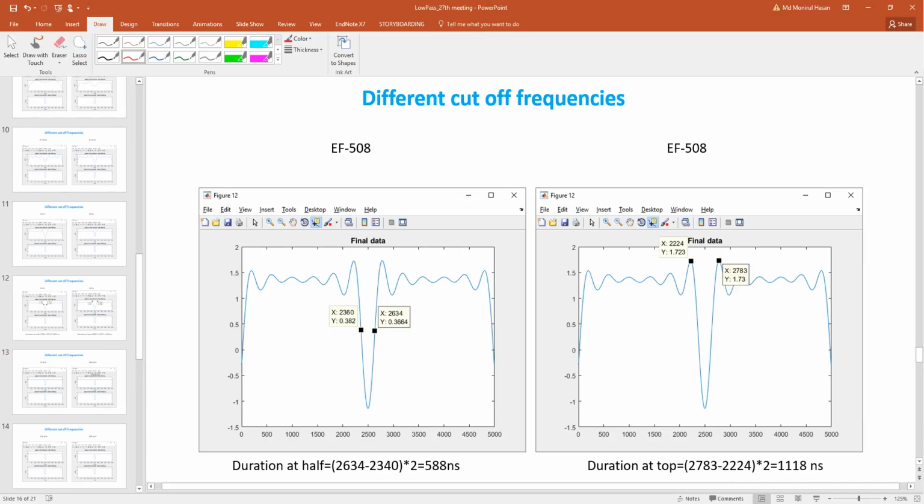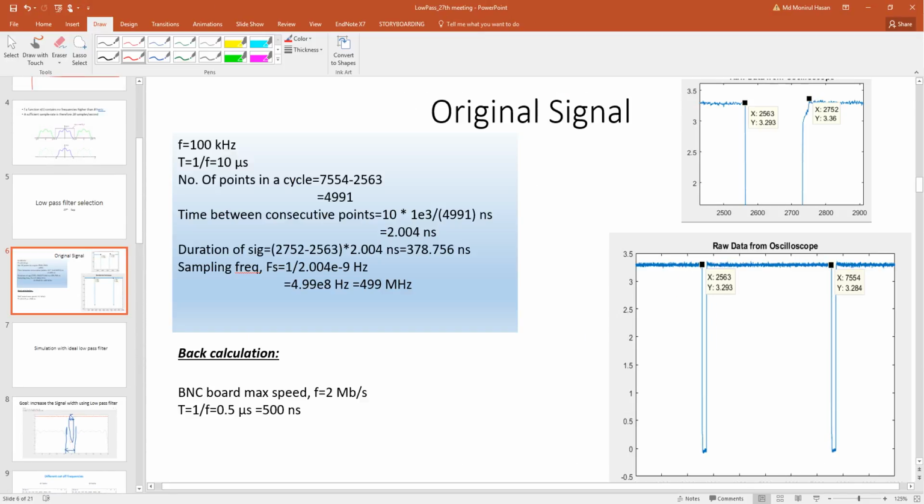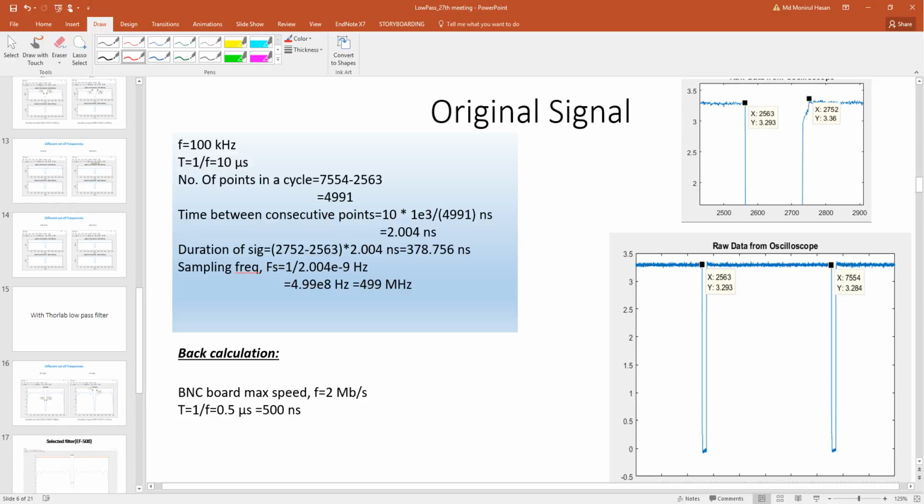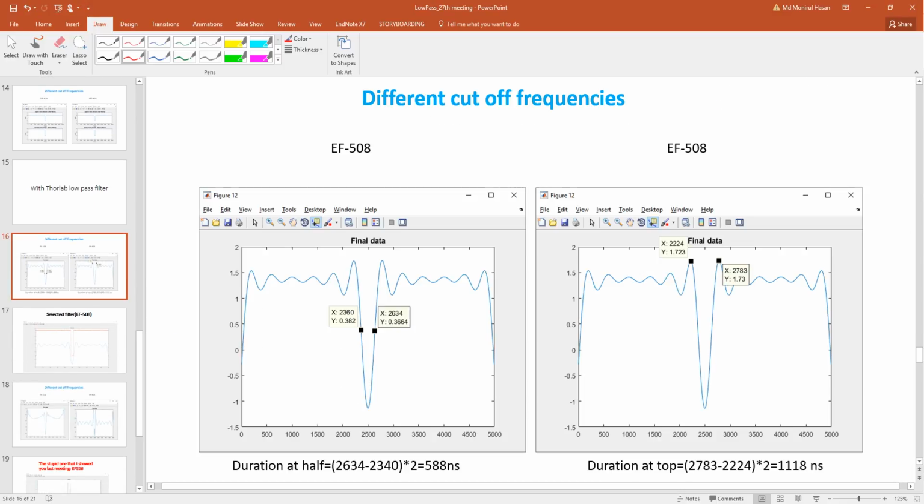Our original data has a width of 500 nanoseconds, so it increased almost double, which is pretty good, and we can detect it. Our original signal has 378 nanoseconds, but if we look at our final data, it has a width of over 1100 nanoseconds, so it increased almost 4 times.